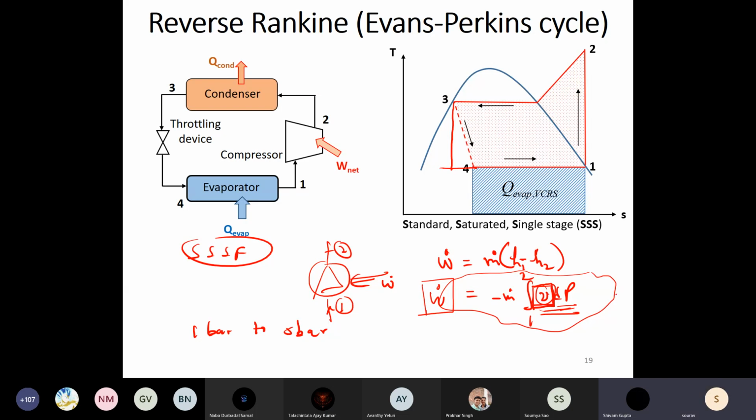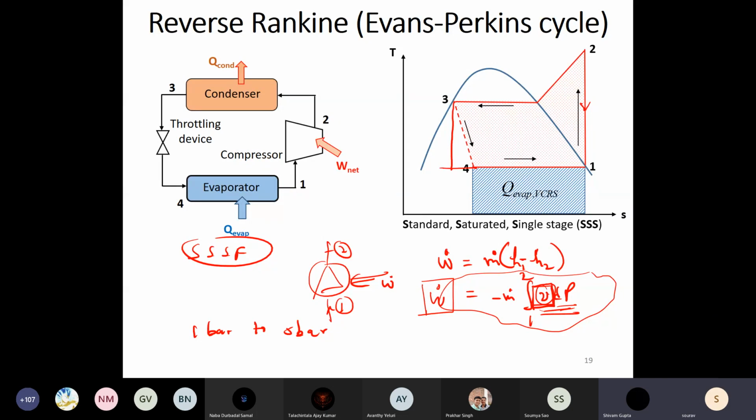And hence you will see in all power cycles, the expansion process is always on the right hand side. By placing the expansion process on the right hand side, you are ensuring that you are expanding a fluid of low density or high specific volume, and hence you get a large amount of work.